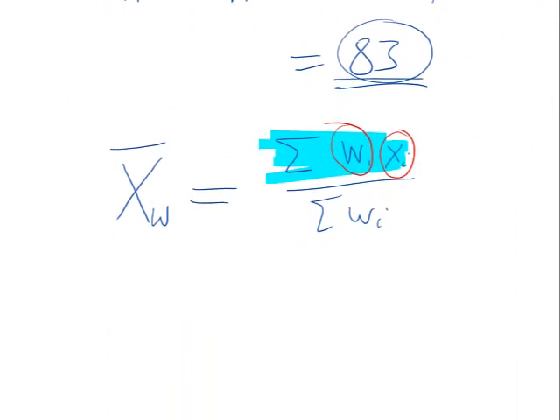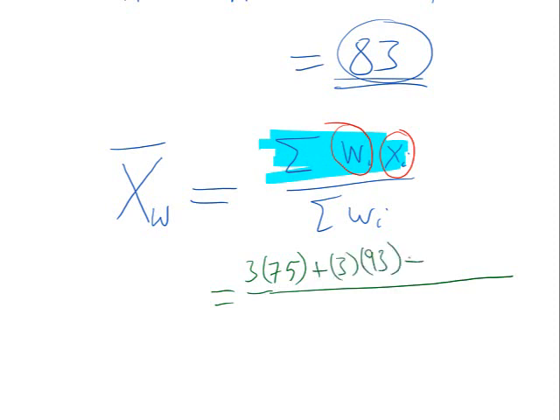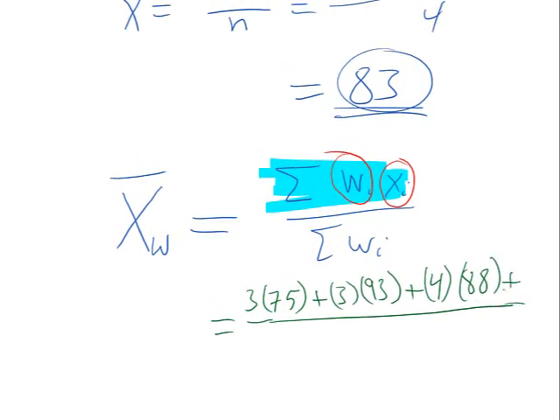So this is equal to 75 multiplied by 3, plus 3 multiplied by 93, plus for biology the weight is 4 and the value is 88, plus for the math course the weight is 2 and the grade is 76.